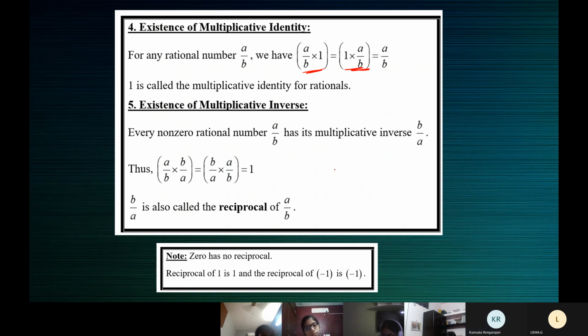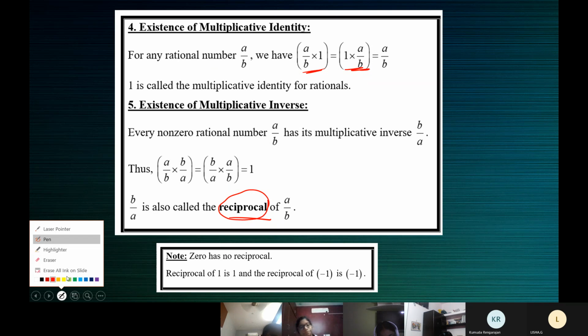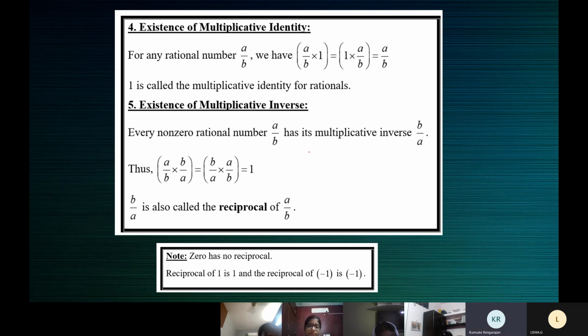Maybe multiplicative inverse you might take some time to process, but when we say reciprocal, you immediately understand because you're more familiar with this term. So for additive inverse, it is rational number plus what will give 0. Here it is rational number into what will give 1.